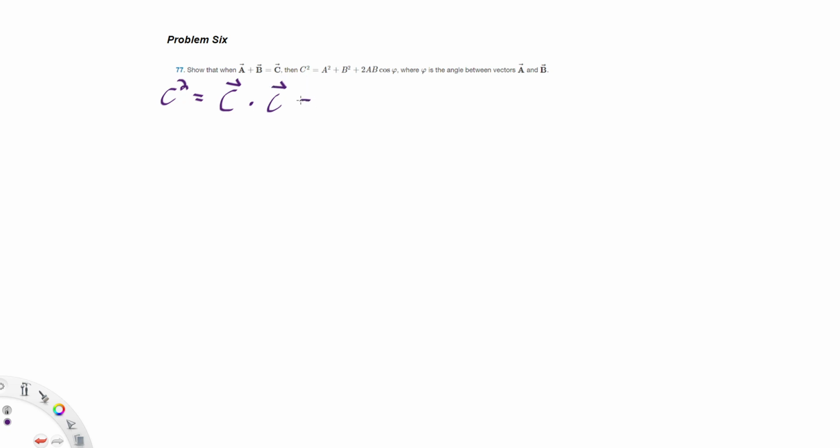And if c is equal to a plus b, we have to do some foiling, and distribution of multiplication over addition, right? Foiling out binomials works exactly the same with the dot product as it does with simple scalar multiplication.